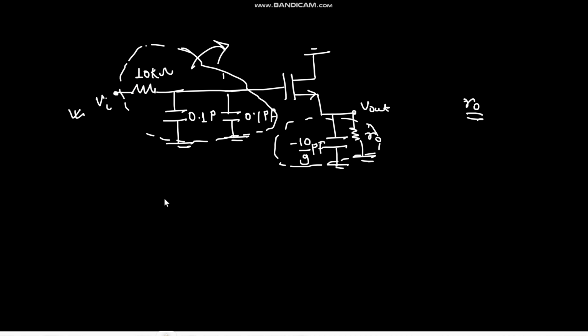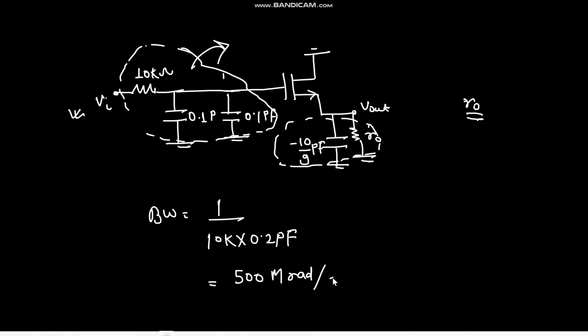So what would be the 3 dB bandwidth here? The bandwidth would be 1 upon 10k into 0.2 picofarad. So it would be around 5k and 5k into 10 to the power, let me show. So the answer is 500 mega radian per second.